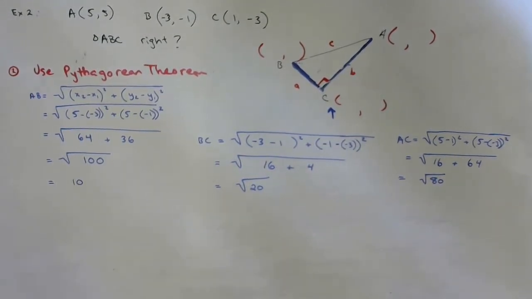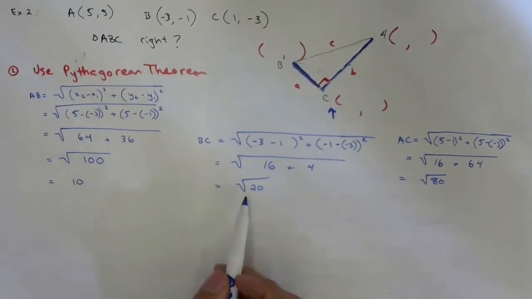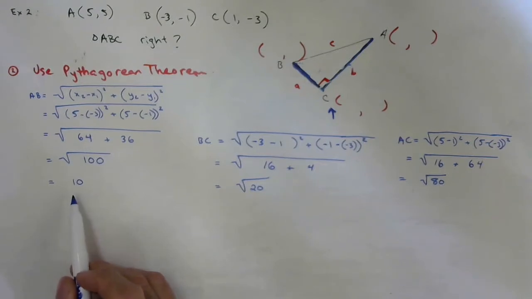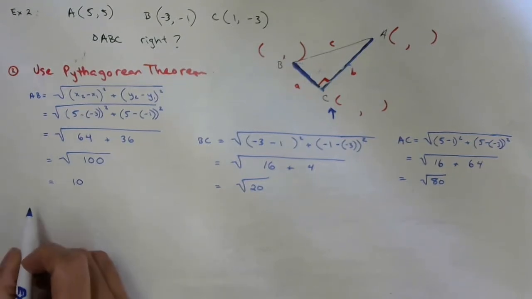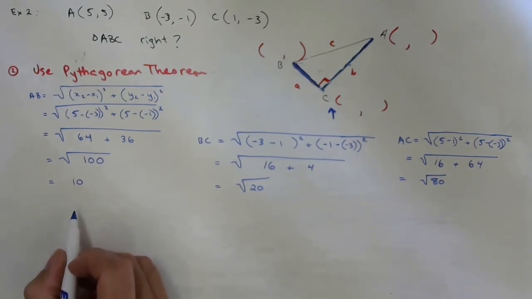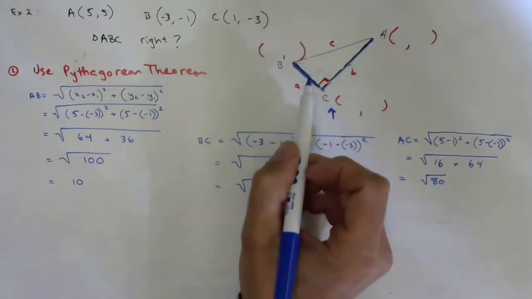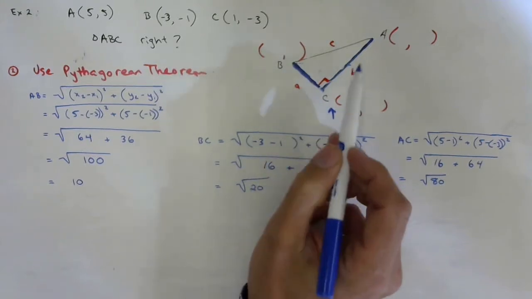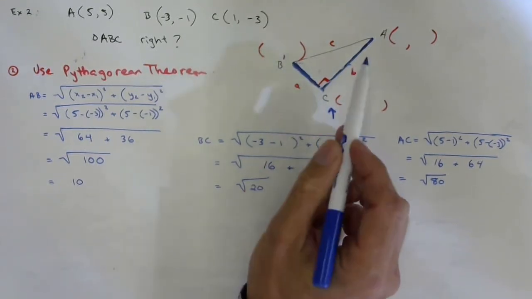Well. Now we need to check. We're going to apply Pythagorean theorem. So we have the length of each line segment. That's good to go. Now we're going to see if Pythagorean theorem works out. So in Pythagorean theorem, basically what we're looking for is a situation where a squared plus b squared equals c squared. Now we're going to line this up, and we're just going to do it left side, right side.